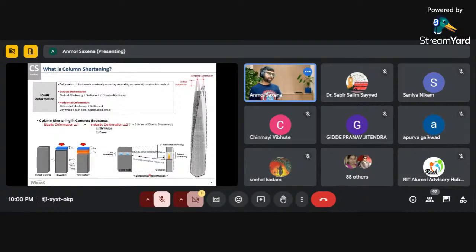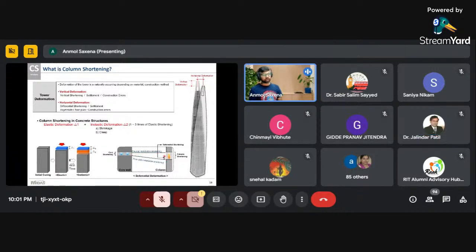Okay. Now, in the case of Lotte World Tower, consider the elastic shortening. Elastic shortening is when the shortening is in the elastic region, and the deformation includes the deformation due to creep and shrinkage. You can see that in the Lotte World Tower, we have a core wall and the main columns, and there is a difference in shortening between these two.